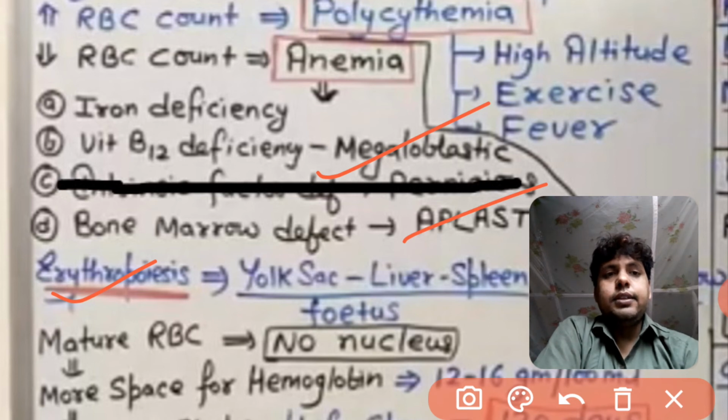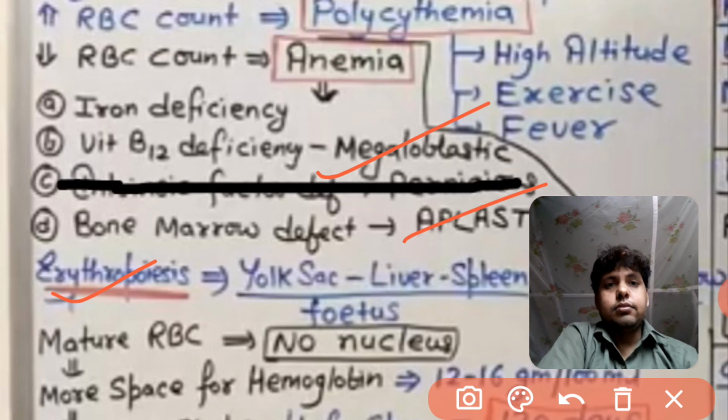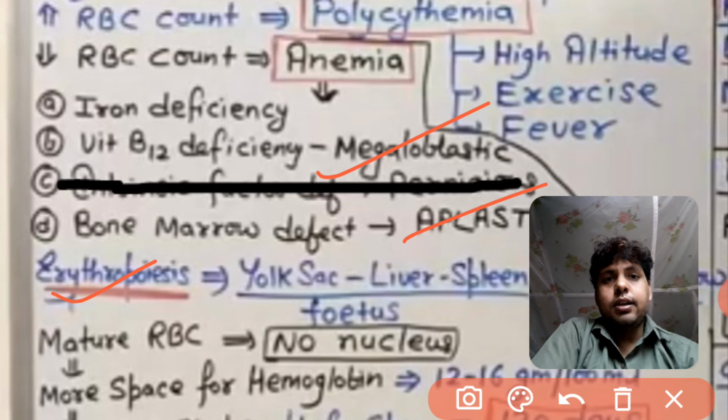But during the fetal or embryonic stage, erythropoiesis occurs in the yolk sac, then the liver, afterwards the spleen. And after birth, erythropoiesis takes place in the child and adult bone marrow.